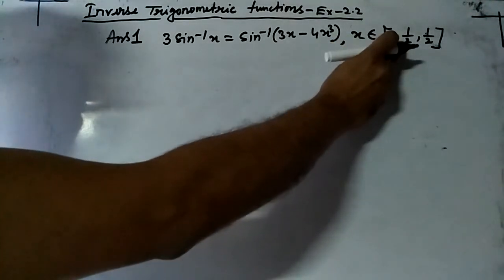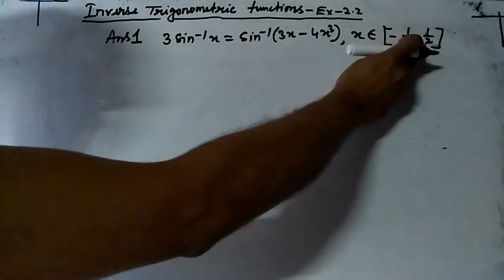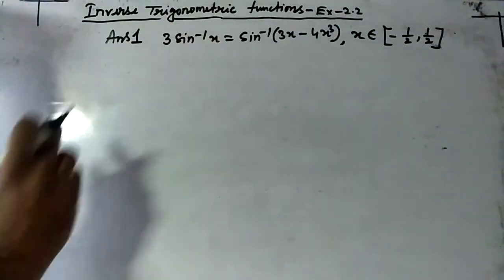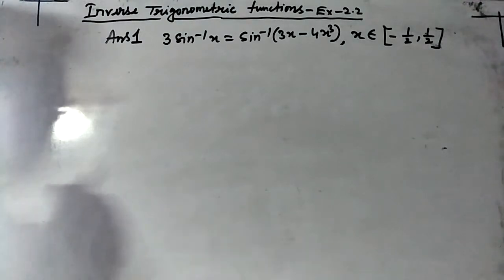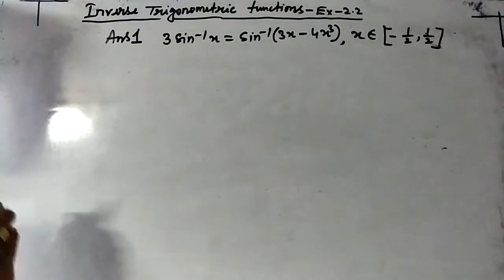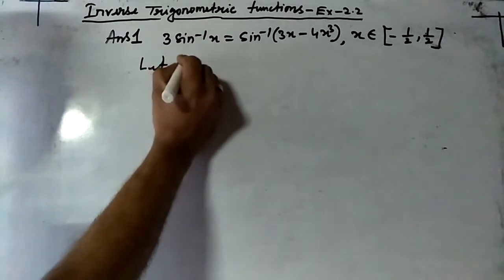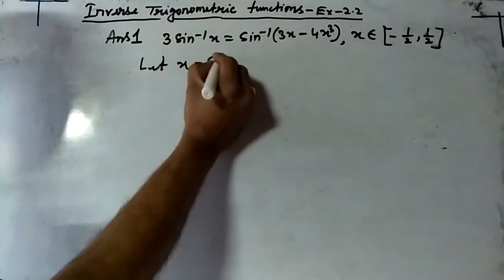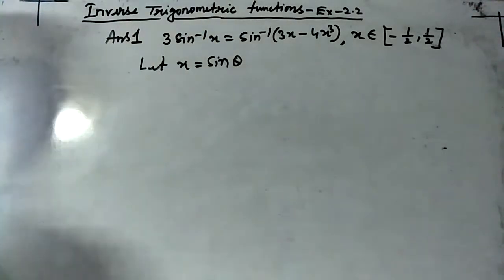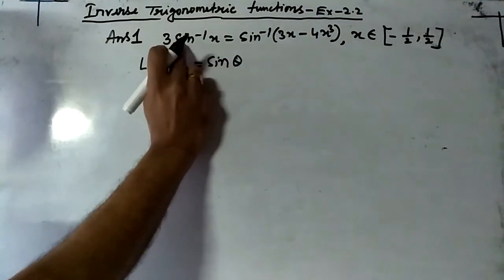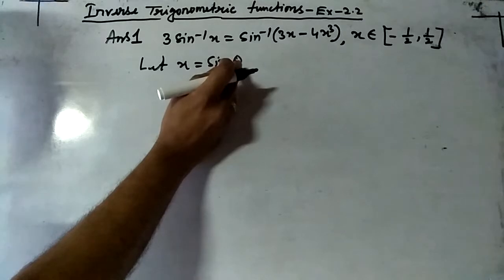If x belongs to minus 1 by 2 to 1 by 2, then sin inverse x will belong to between minus pi by 2 to pi by 2. Then we can write sin inverse sin theta equals theta. So let x equals sin theta, because if we consider x as sin theta, then sin inverse sin theta equals theta.